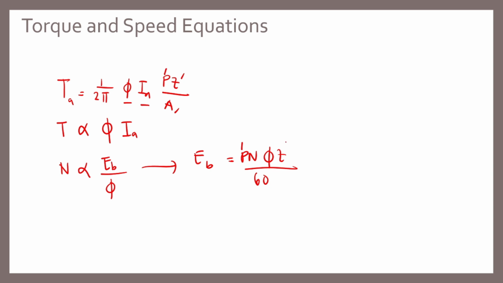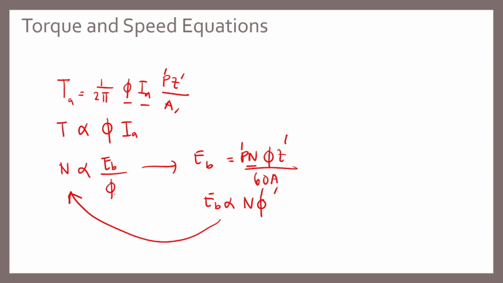P, Z, and 60A are constant, so what can change is the speed N and the flux. So EB, the back EMF, is directly proportional to N and the flux. If the speed is high, the back EMF is high, or conversely, if the flux is high, the back EMF is high. By arranging, we arrive at this equation: N is directly proportional to the back EMF but inversely proportional to the current.